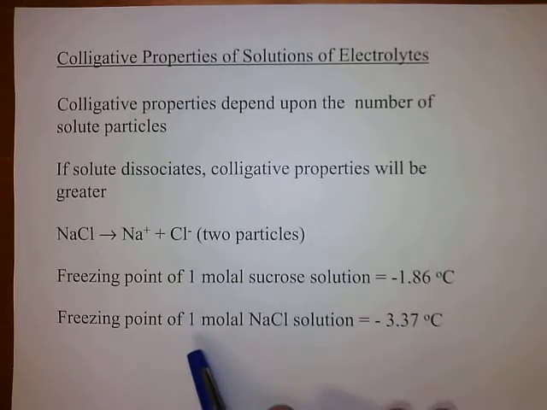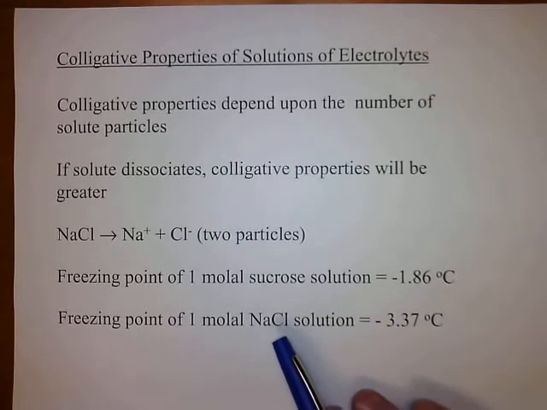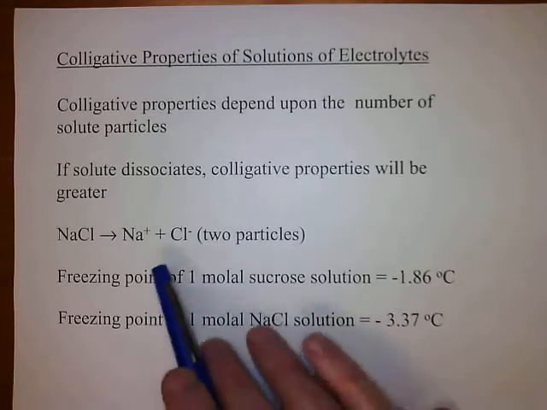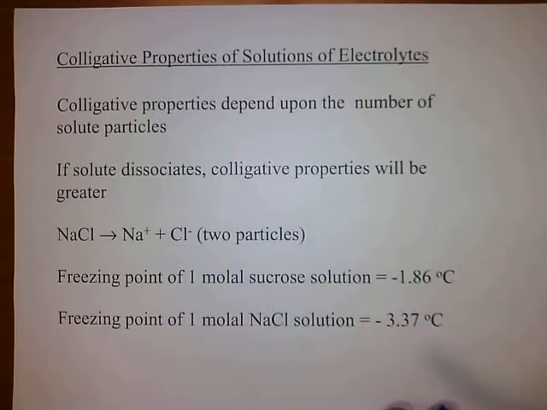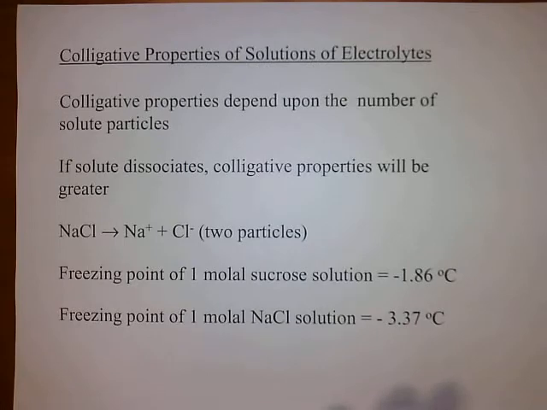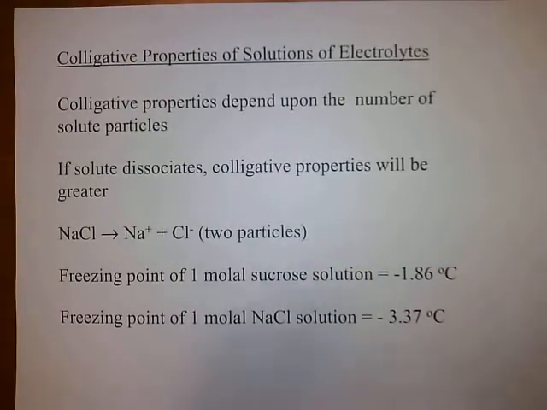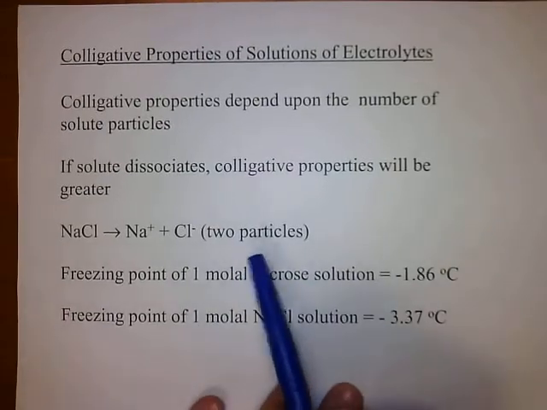And yet, if you have a 1 molal sodium chloride solution, salt, because it dissociates like this, your freezing point depression is greater. It comes out to be almost twice. Because, one more time, the amount by which the properties of the solvent change depends upon the number of particles.